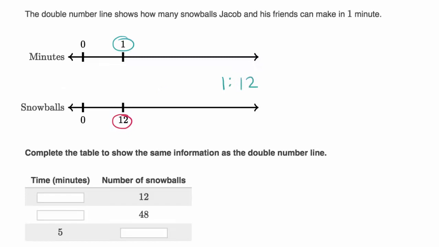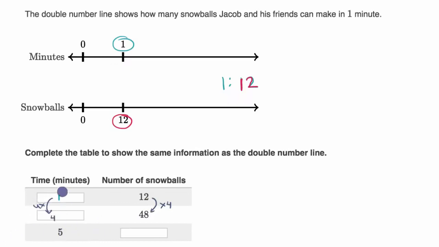Or another way to think about it is the snowballs is going to be 12 times the minutes. And so over here, if I have 12 snowballs, well, we already know that's going to be 1 minute. If I have 48 snowballs, well, let's just think about it. To go from 12 to 48, you have to multiply by 4. So you have 4 times as many snowballs, it's going to take you 4 times as many minutes.